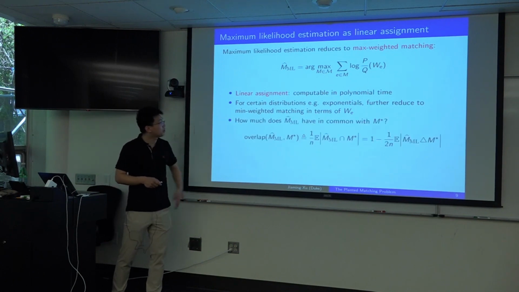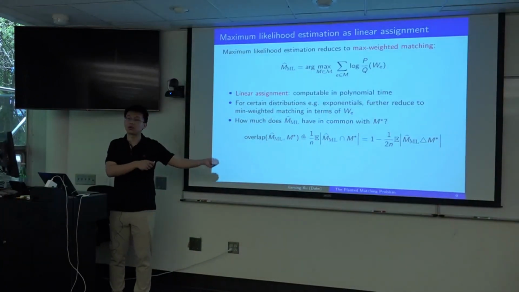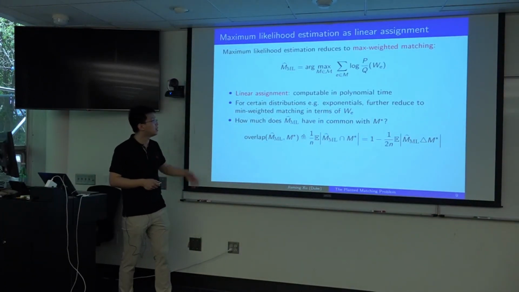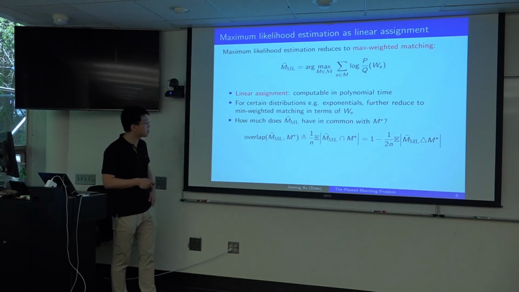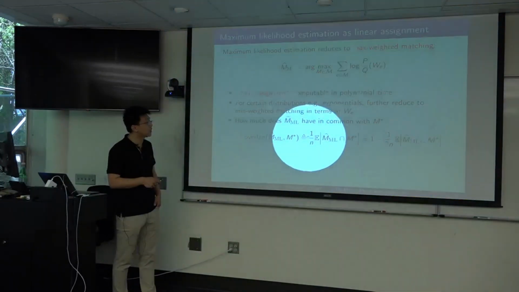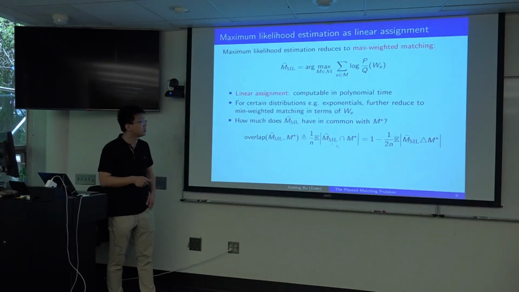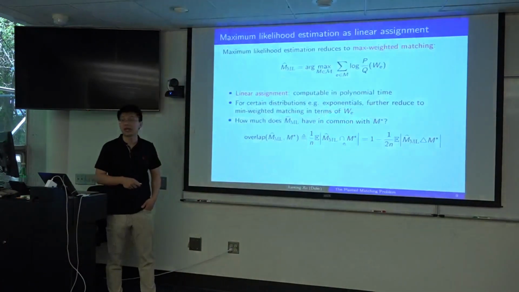Now the question is, if you compare this maximum likelihood estimator with the ground truth, the true matching M star, how much do they have in common? In this lecture, we're going to focus on a measure called overlap. It's just the fraction of edges shared in common by the maximum likelihood estimator and the true matching.